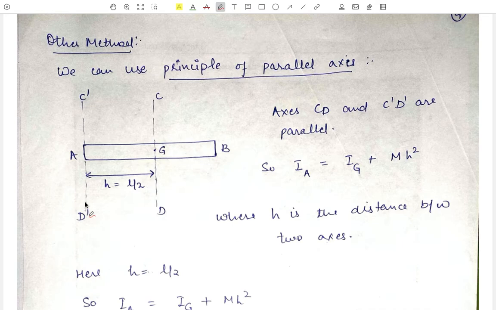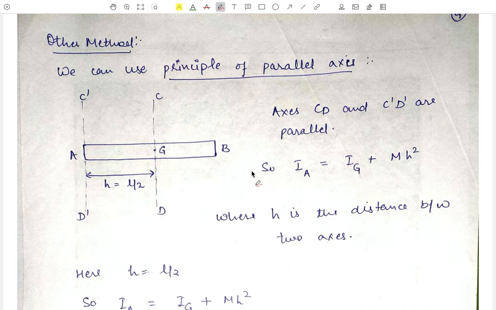If we have two axes parallel to each other and we have the moment of inertia about one axis of any rigid body, then we can find the moment of inertia of the rigid body about the second axis that is parallel to the first axis. Here we have axes CD and C'D' parallel, and we know the moment of inertia of the rod about axis CD, that is IG.